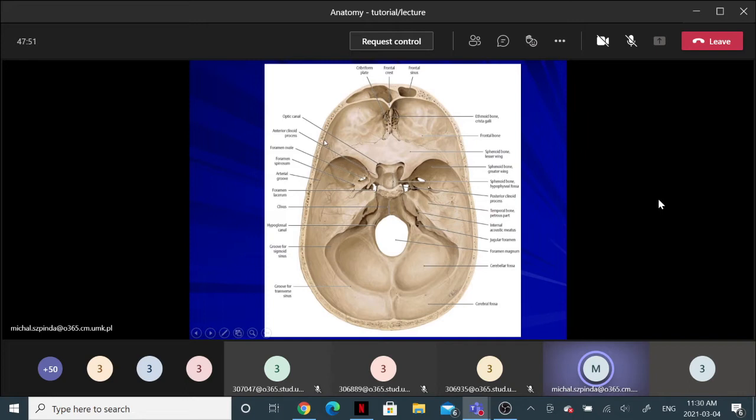Here we can see two orbital parts of the frontal bone. As you can see, they are very thin and translucent, transparent, and all these white grooves correspond to cerebral gyri.